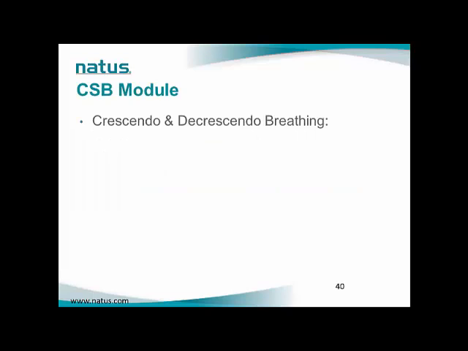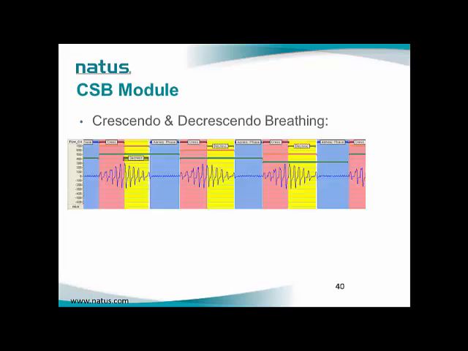Crescendo and decrescendo pattern of breathing. Crescendo is identified as the duration from the resumption of breathing following an event that continues till it reaches the zenith of the inspiratory portion, while decrescendo represents the period from the zenith of the inspiratory portion till the beginning of the next episode.